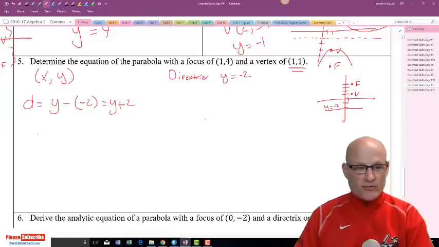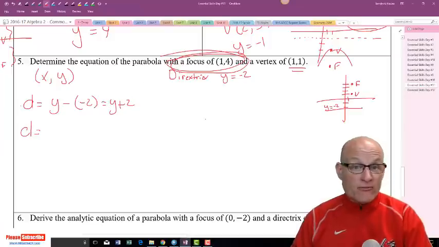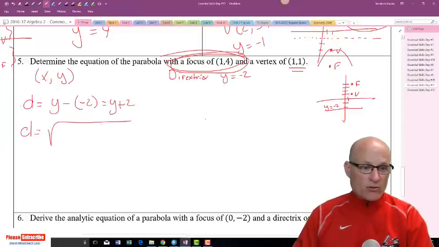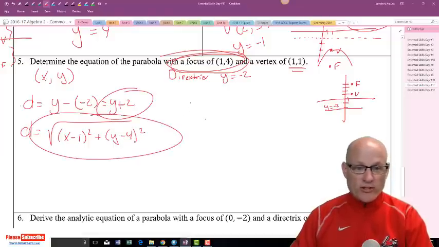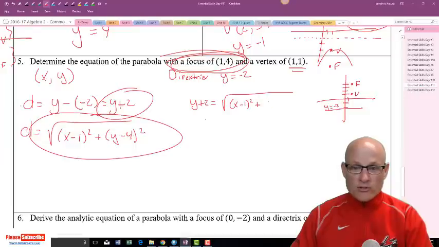That's the directrix. Now we got to do the distance formula between this point x, y and the focus, not the vertex, but the focus. So the square root of x minus 1 squared plus y minus 4 squared. Now we're going to set these two distances equal to each other. Y plus 2 is equal to the square root of x minus 1 squared plus y minus 4 squared.